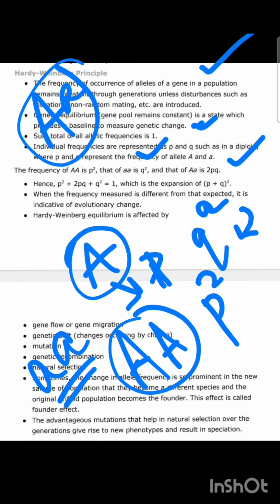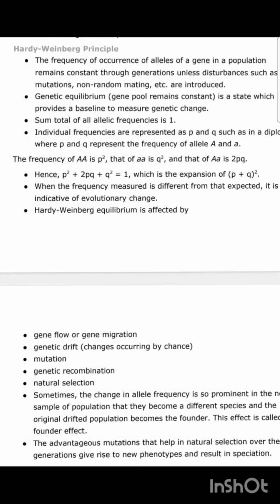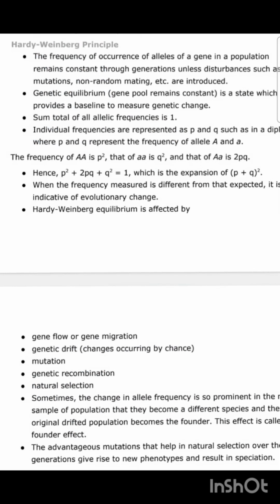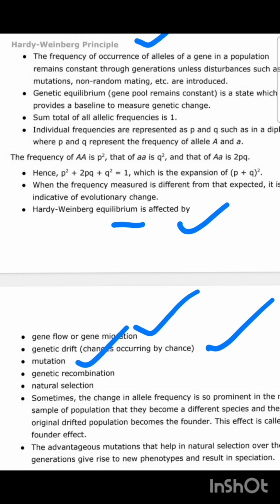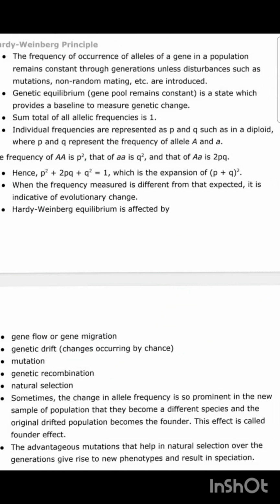When the frequency measured is different from that expected, it indicates that there is an evolutionary change. According to the Hardy-Weinberg principle, the equilibrium is affected by gene flow or gene migration, genetic drift, that means a sudden change in the environment, mutation, a sudden inheritable change in the gene, genetic recombination, and natural selection.